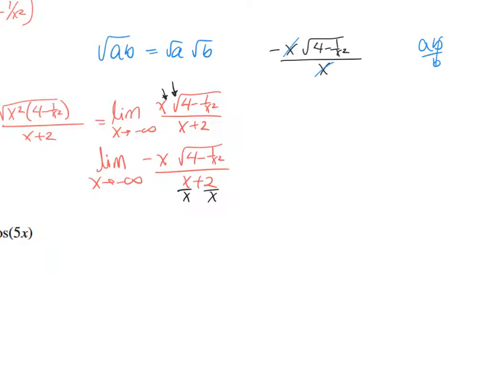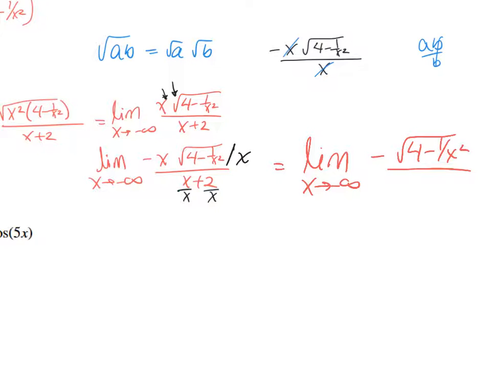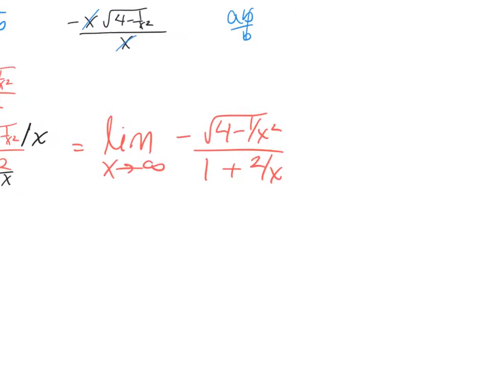So what I end up with when I divide this numerator by x is the limit as x goes to negative infinity of negative square root of 4 minus 1 over x squared, over 1 plus 2 over x. As before, as I let x run to a large negative number, this term goes to 0, this term goes to 0, and what am I left with?